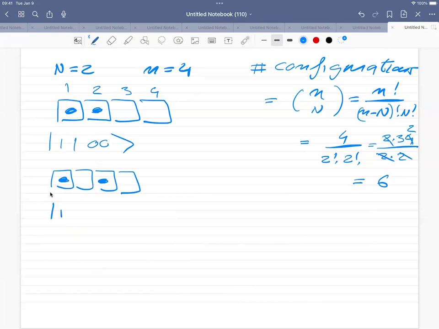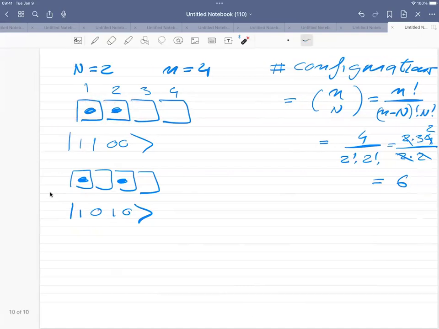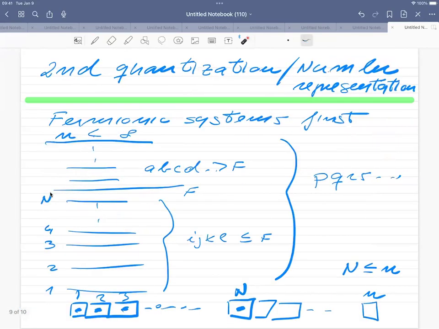And that would be 1, 0, 1, 0, where I start with state 1 as the first bit, and so on. So this is the way you would now compactify your information about a given configuration. So when you see this state here, that refers to this arrangement, which, if we stick to this kind of picture, for two particles, could be the ground state of the system. Just to give you an example.